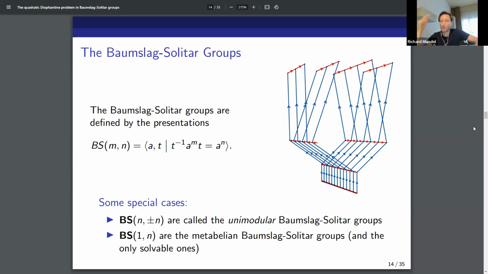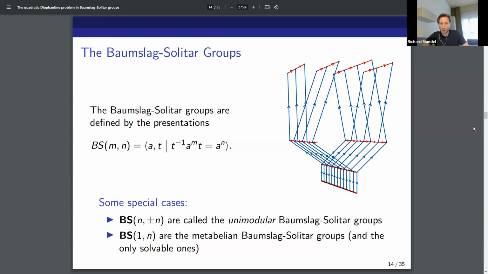So everything that I've been talking about so far applies to an arbitrary finitely generated group. But in particular, we want to talk about the Baumslag-Solitar groups, which everyone is familiar with. The special cases that I'm discussing today are the unimodular ones, which is just BS(n, plus or minus n), and I will speak a little bit about the metabelian ones, BS(1,n).